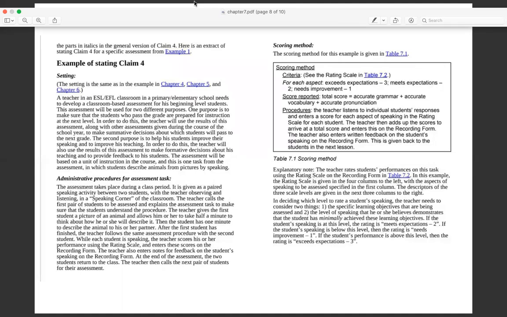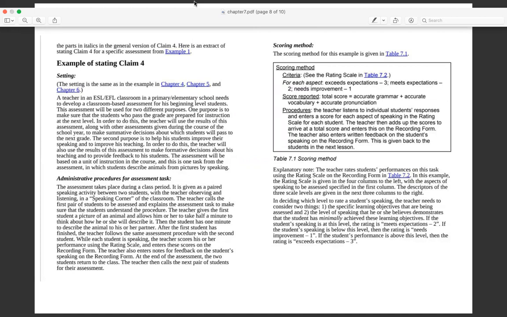And then you do the same with the second student. Maybe you ask them to interact, one asking the other a question, and vice versa. So it's the explanation of what the test consists of. But here you also have to include what you do with their performance.